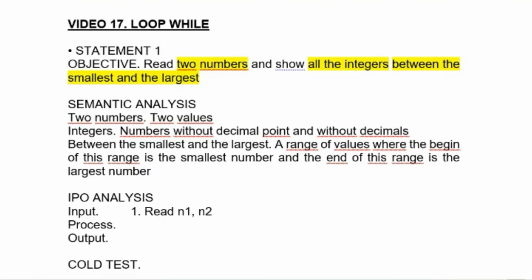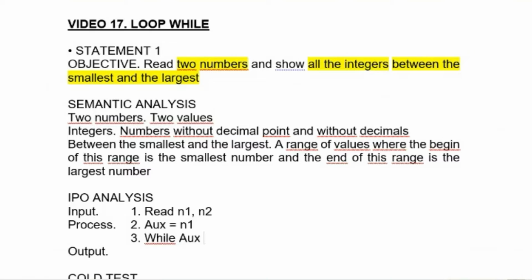Okay? So the process. We are going to use the loop while. Then we use another variable, the name aux. Aux begins in N1. And you say while aux is less or equal than N2, then you write aux, write in the display of your computer, and then aux is equal aux plus 1.